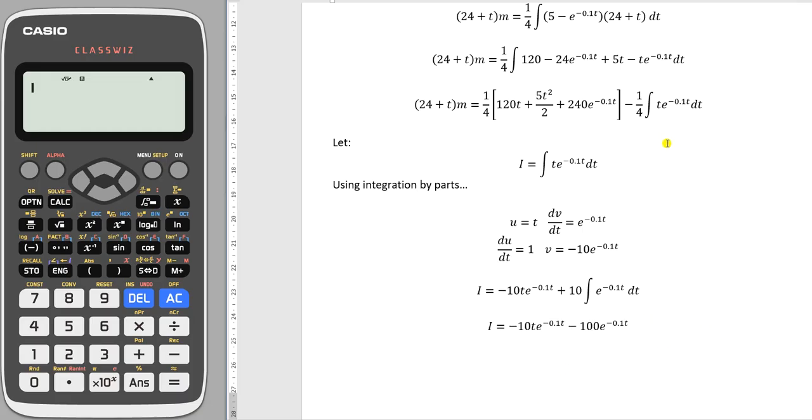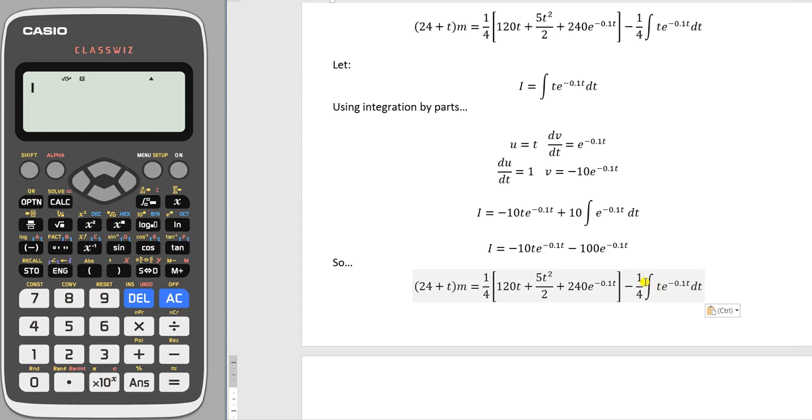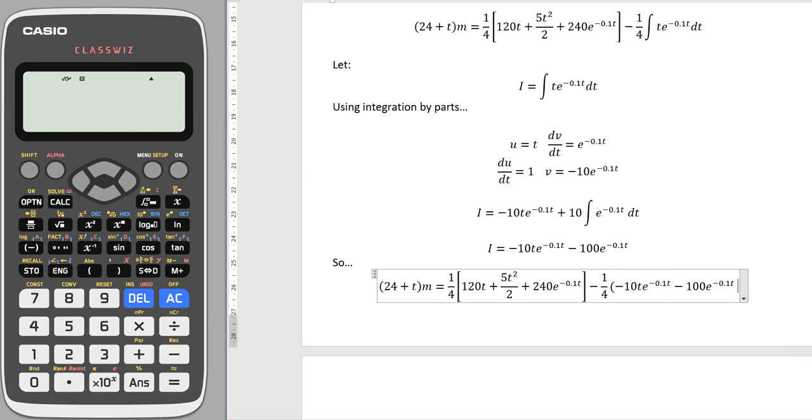And that integral is what we're going to need up here when we come back to the original thing we were trying to work on. So this, if you recall, was the solution to that differential equation. And now we know this value. So this thing has turned into this. Oops. So we can replace that integral with this thing that we've just constructed.